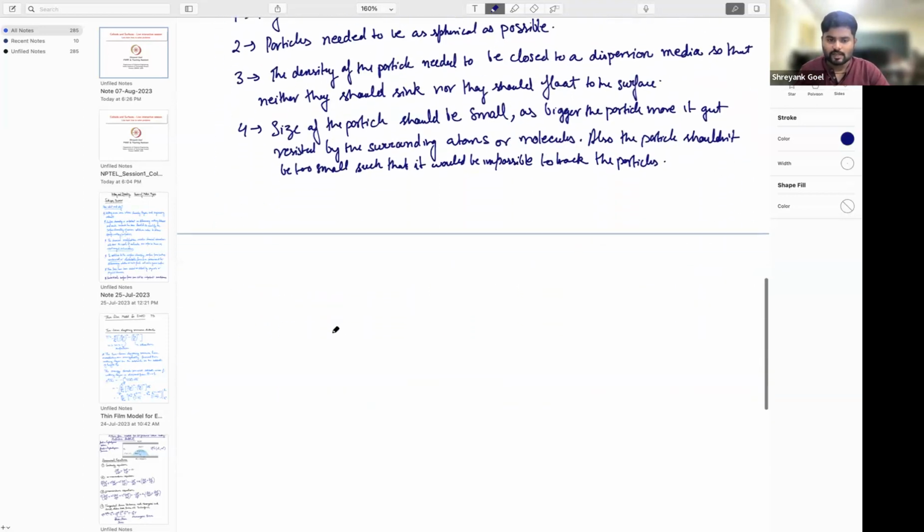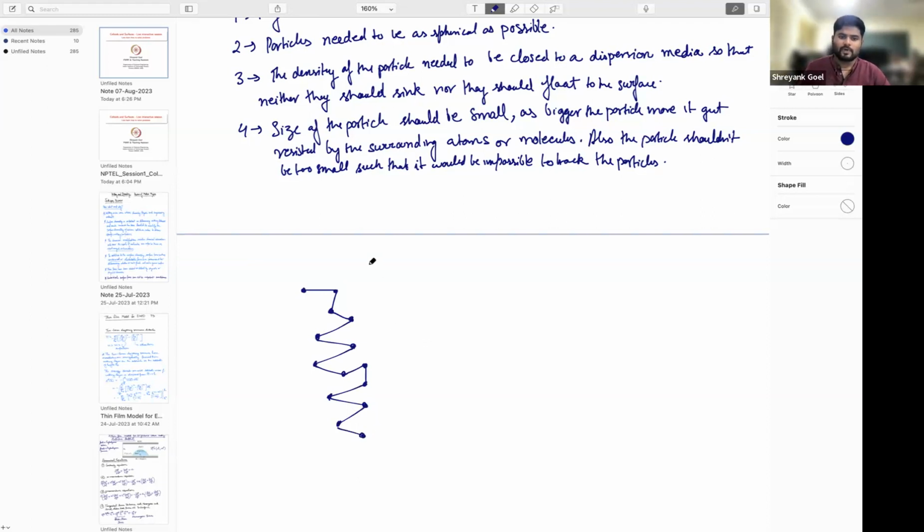So Brownian motion is that the particle does a random motion in some suspending media, something like this. Some random motion is followed by the particle, and if we put it on a grid, then we are able to find out the mean square displacement, that is MSD.